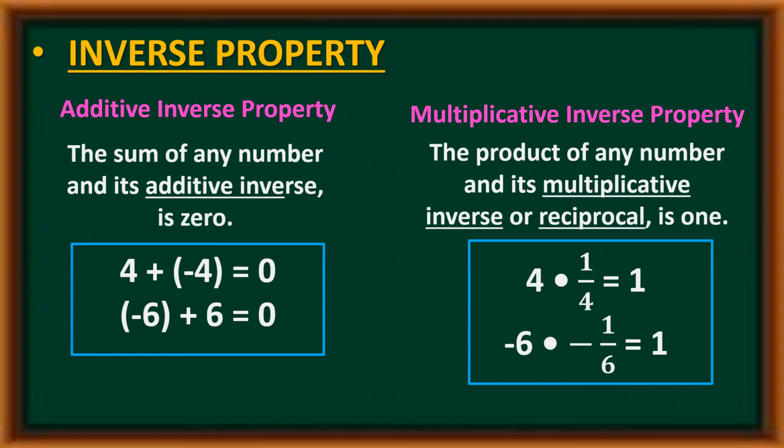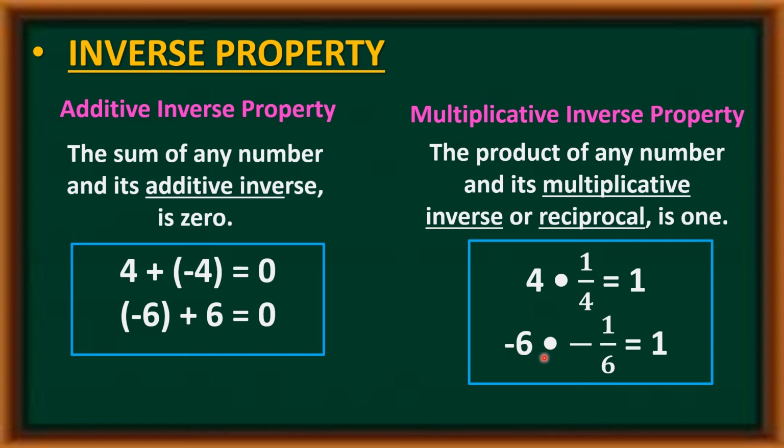Sino nga ba yung reciprocal? So, we have 4 here. Alam naman natin that 4 ay galing yan sa 4 over 1. So, ang reciprocal niya is 1 over 4. Then, kapag minultiply daw yung dalawang magka-reciprocal, the answer is always 1. Dito, we have negative 6. So, alam natin that it is negative 6 over 1.